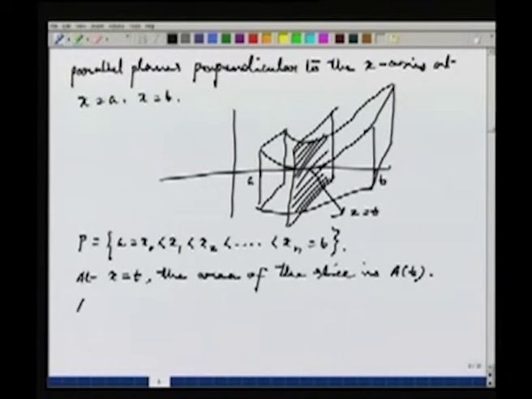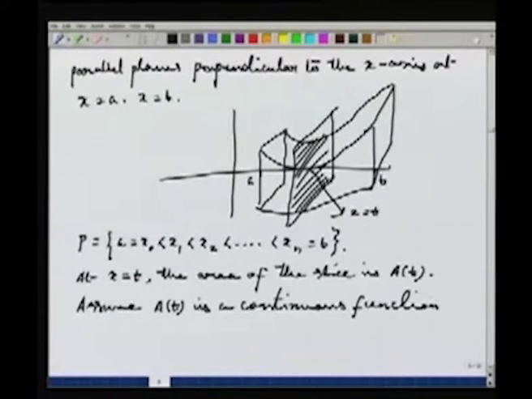So assume A(t) is a continuous function of t. In most of the cases, you will have these assumptions satisfied. Because if some weird body is given to you, this A(t) can be quite a funky function.